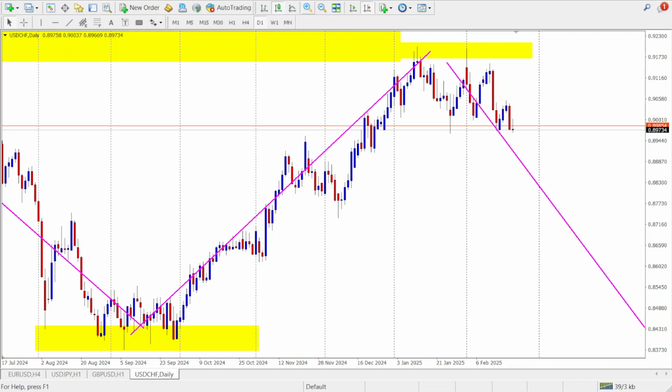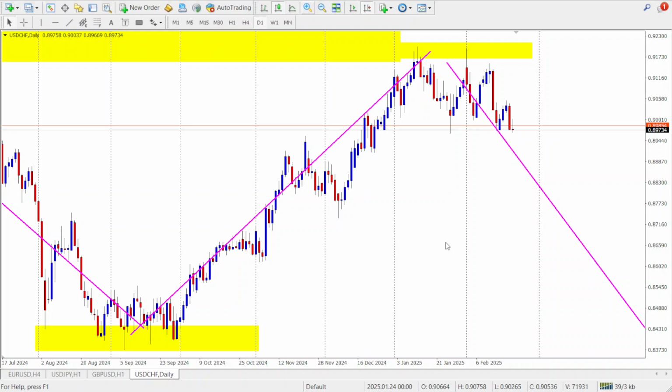Okay, so matching supply and demand flip zones can be a game changer for your trading, because they give you a precise way to time your entries and exits. These zones are incredibly powerful because they reflect where the big money is moving in the market, like institutional traders and large market participants, because they often base their trades around these key levels.